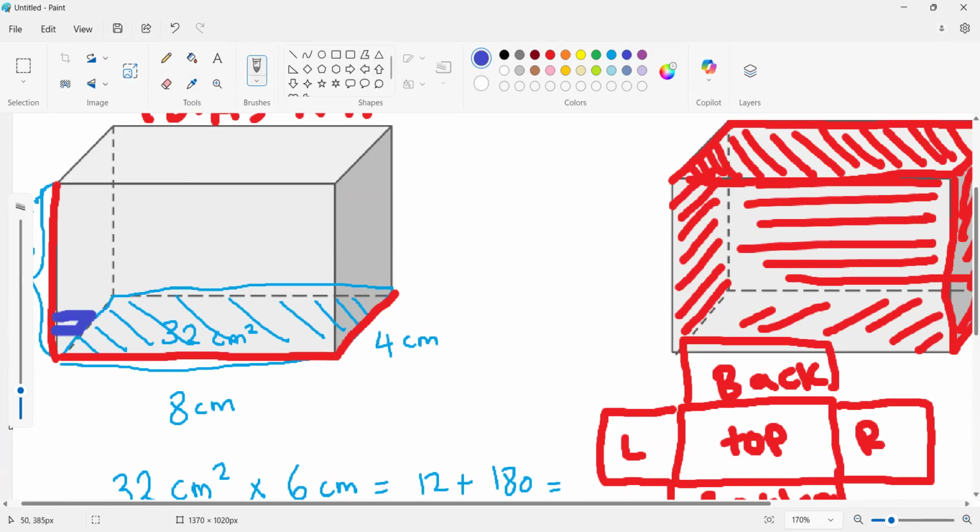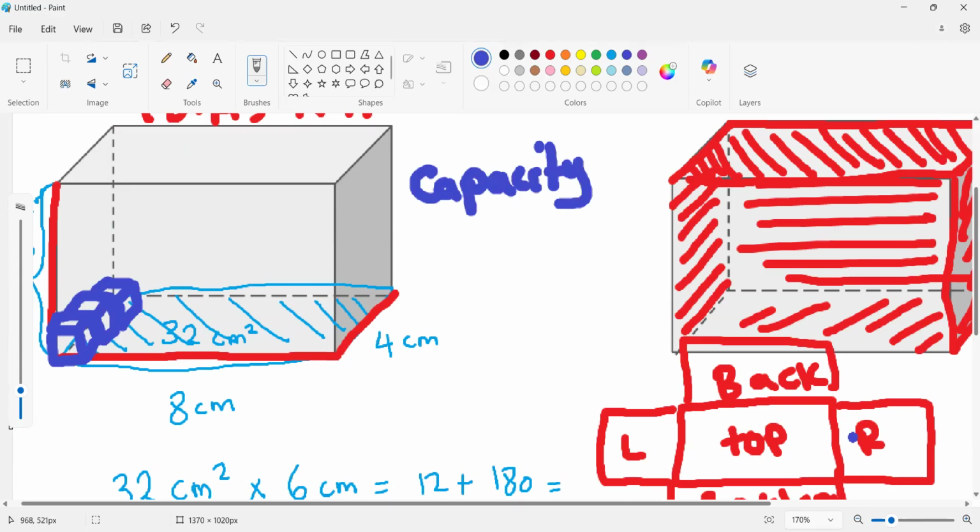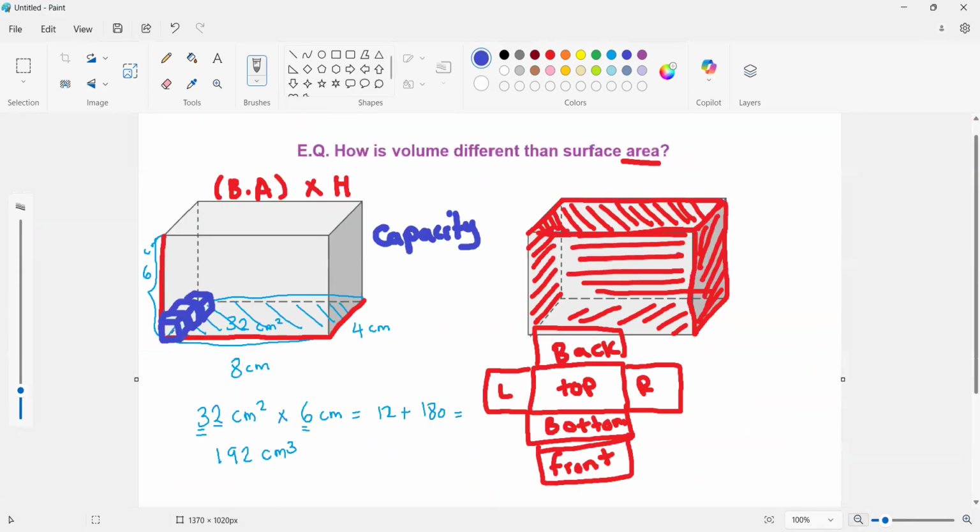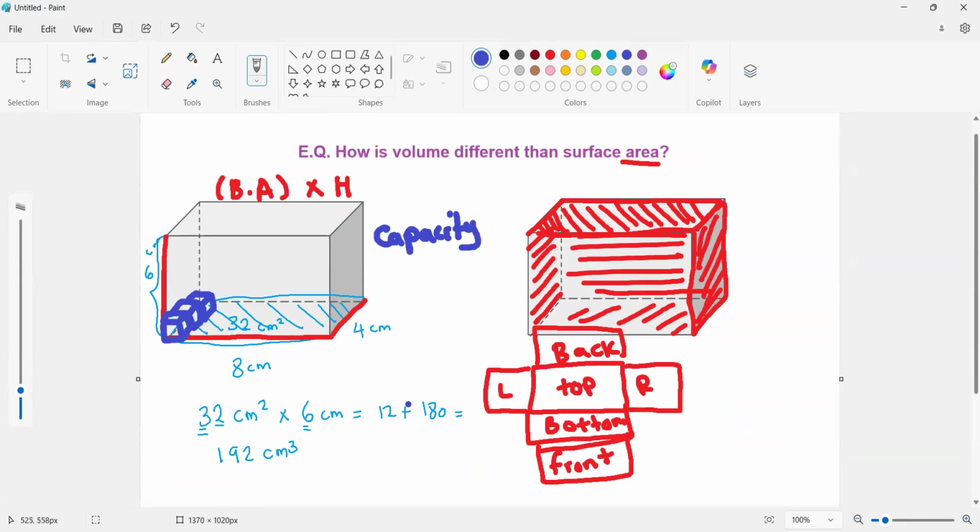If we have 1 by 1 by 1, think about ice cubes made of 1 inch by 1 inch by 1 inch, how many of these unit cubes can we fit to fill the inside, the capacity of this solid form? So that is the difference between the volume and the surface area.